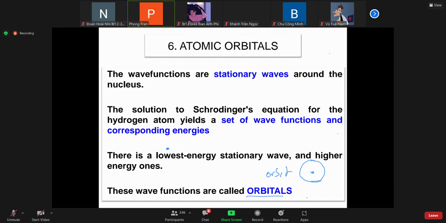The orbital says you have a nuclei, and you have a portion of space where you have a high probability, a high chance to find the electron. So it's not an exact circle like this, but the orbital means the space where you have a high probability to find the electron. That's the main concept of the orbital.